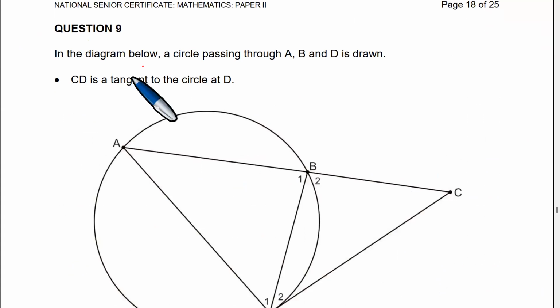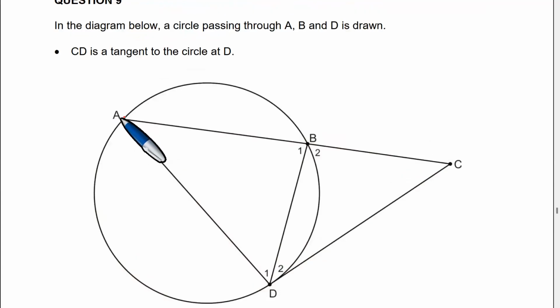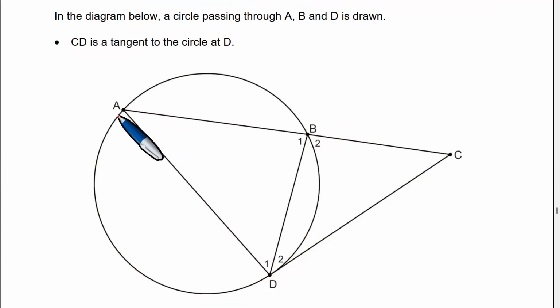In the diagram below, a circle passing through A, B, and D is drawn. Any question? No, sir. No question. Okay, right. In the diagram below, a circle passing through A, B, and D is drawn. Okay, so we can see the circle passes through A, B, and D, and this circle has been drawn.